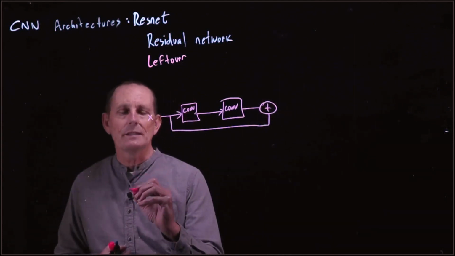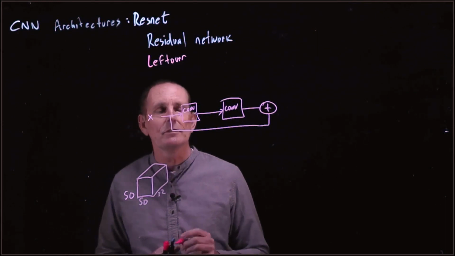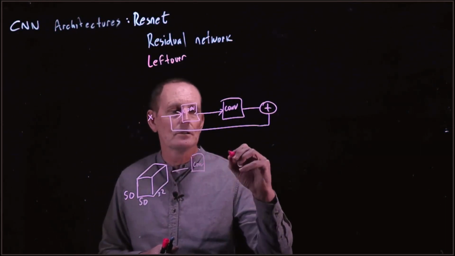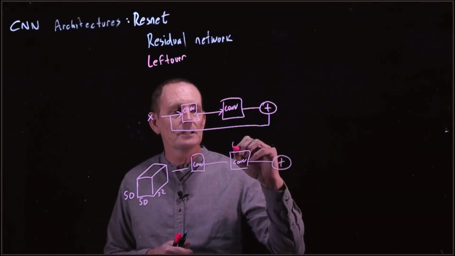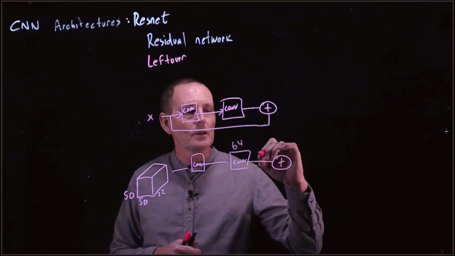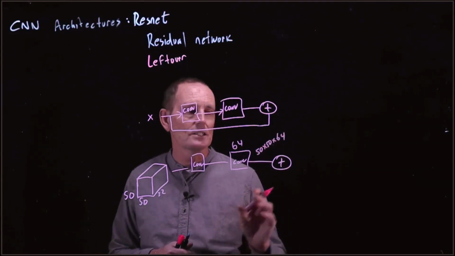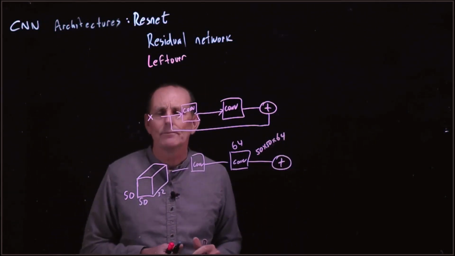So let's say we had something of size 50 by 50 by 32, and we're going into some convolutions that maintain the 50 by 50, but there are 64 of these coming out. So that means the size of this is 50 by 50 by 64. So we need to make sure we're compatible. There are two things that can be done.